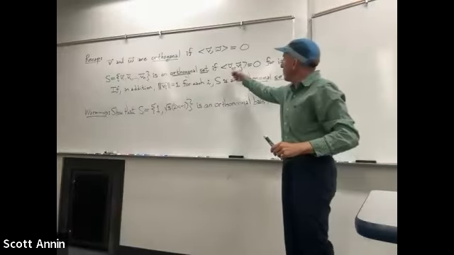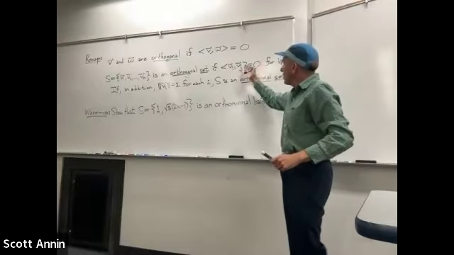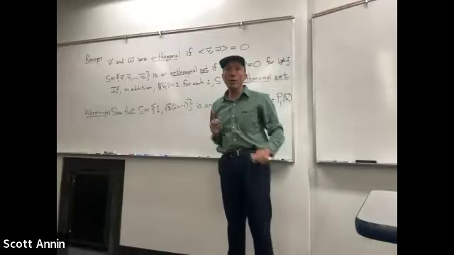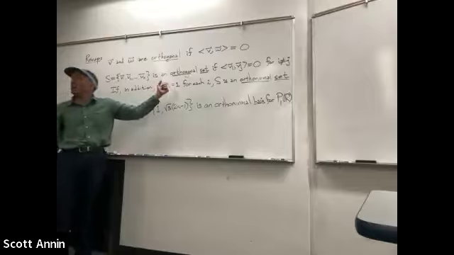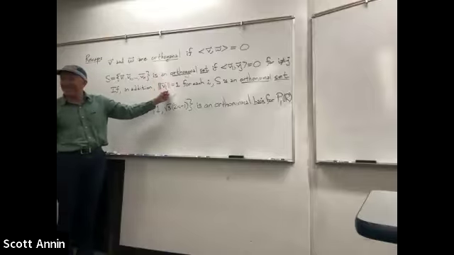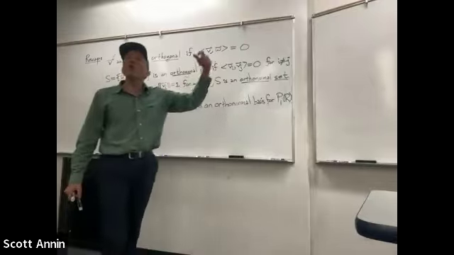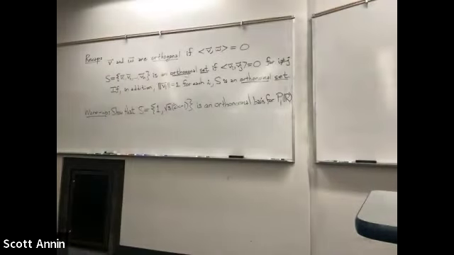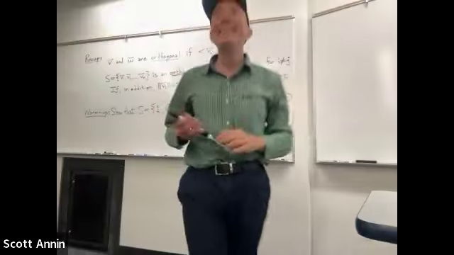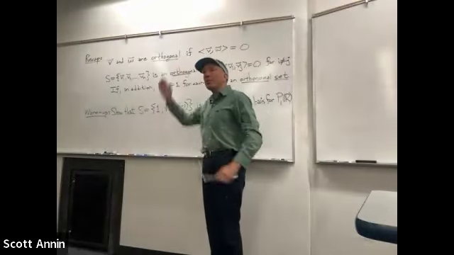You have to check all of those pairs, but as long as they are always 0, then you have an orthogonal set. And in addition, if all of the vectors are unit vectors, then it's called an orthonormal set, right? Okay? So far, so good? These are just the definitions from last time.